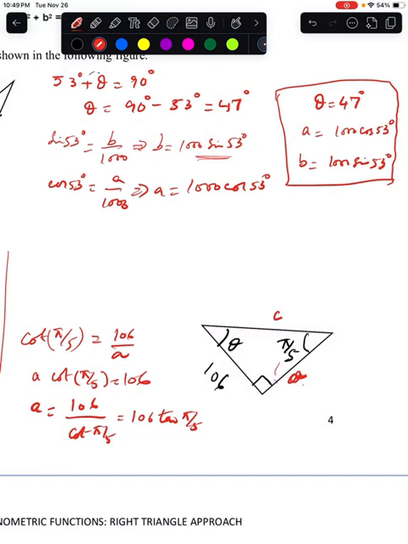How to find C now? Well, now you can use the cosine, because now we know A, or you can use the sine, because we know the opposite and the hypotenuse.